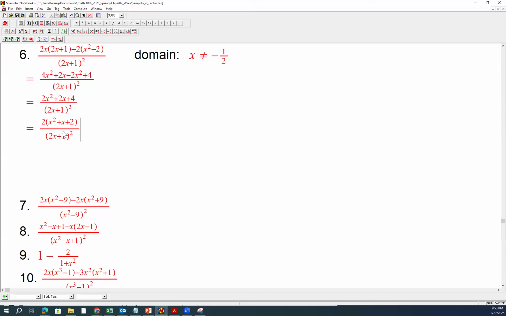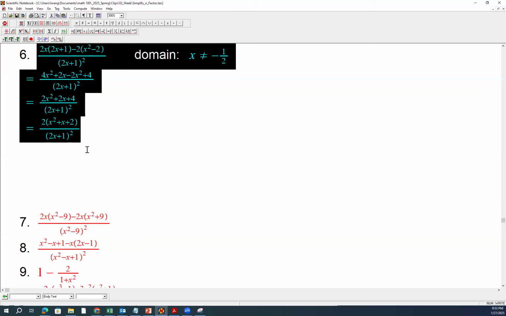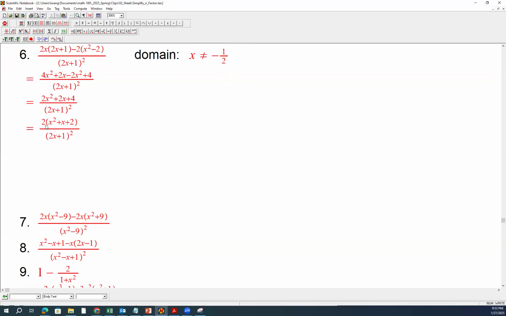That's another question. To confirm whether we can factor this further, because in calculus you will also need this knowledge, because after you have done this part, you will most likely have more steps to go.